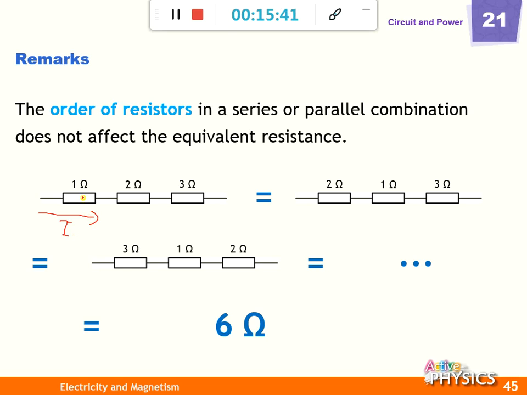But finally, all the energy should be used. If it passes through 1 ohm first, it will release less energy. If it passes through 3 ohm first, it will release more energy. But at the back end, at last, they will have the same energy consumption. So this one tells us that the order is not important.